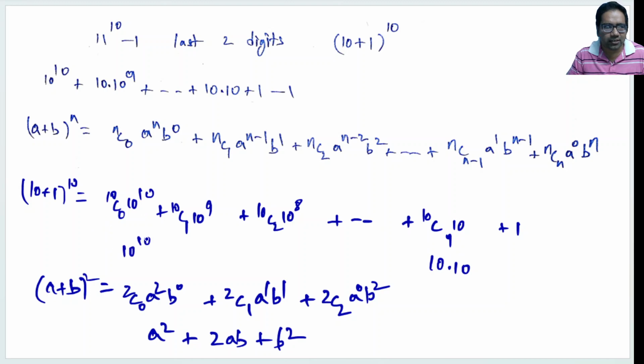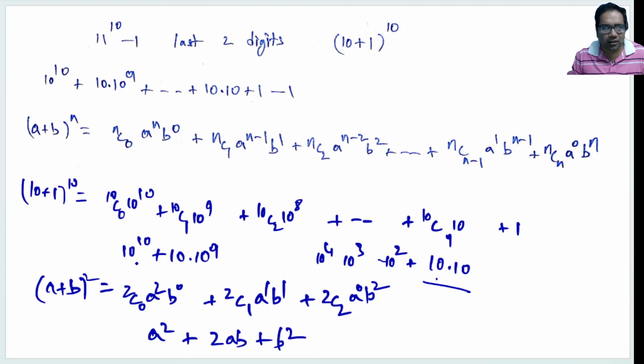So we have 10 power 10 plus 10C1 times 10 power 9 plus whatever. Every other term will be 10 power 2 times something, 10 power 3 times something, 10 power 4 times something, up to 10 power 10 times something. The lowest one is 10C9 times 10, which is also a product of 10 and 10.